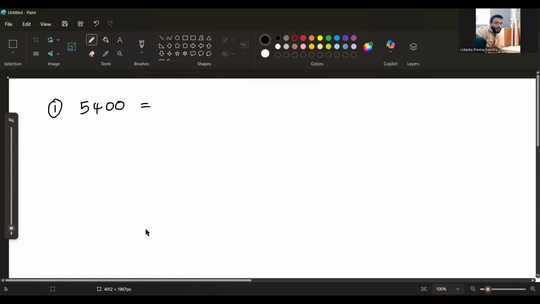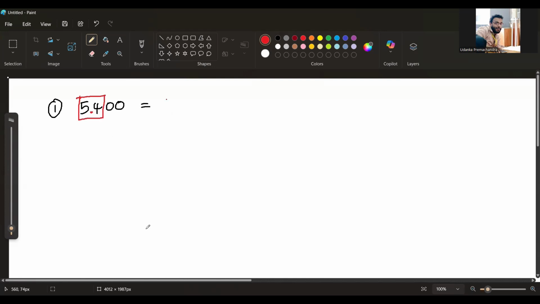First of all, you have to write this value in between 0 to 10. That means 0.1, 0.2, 5.1, 5.2, up to 9.9. So when you consider that one, the decimal point should be placed between here.